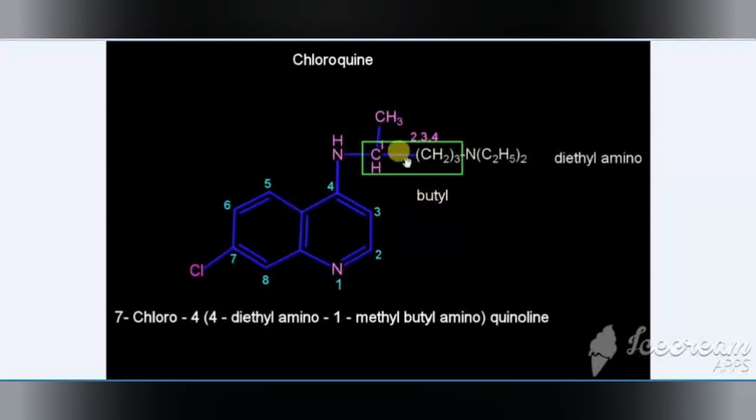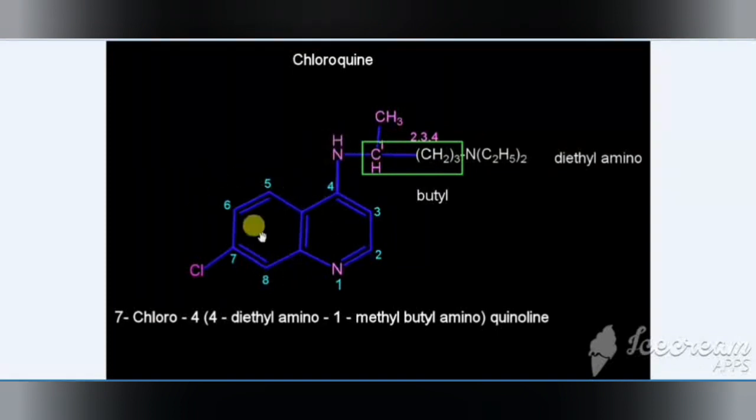So with the butyl, what is attached? Here we have a methyl group in the first carbon, so 1-methyl, and in the case of the 4th carbon what is attached? This is called diethylamino, N(C2H5)2, that's why diethylamino. So the diethylamino group is attached in the 4th carbon, and in the first carbon we have a methyl, and this is butyl. Here we have aminoquinoline.